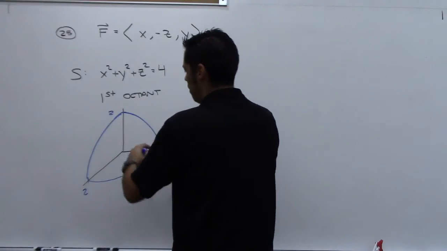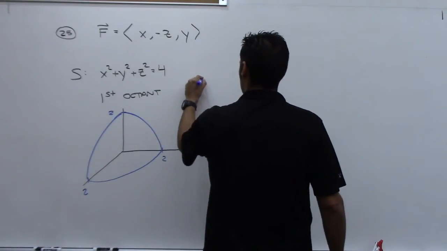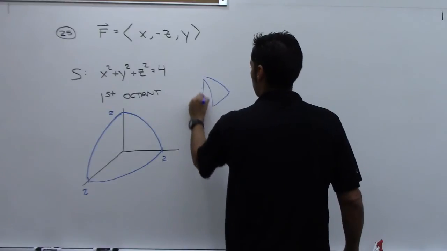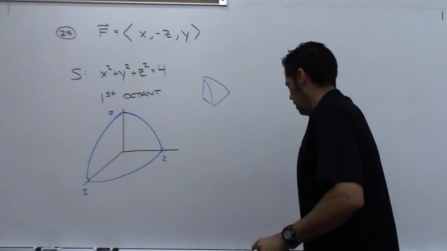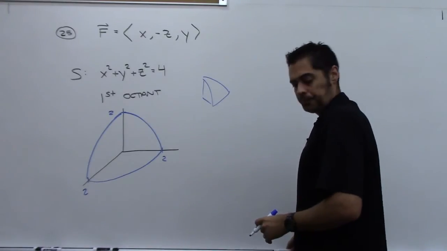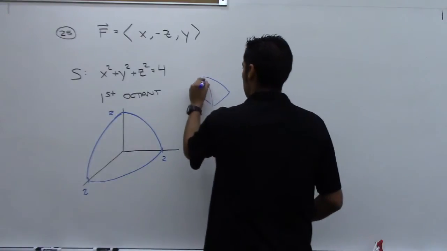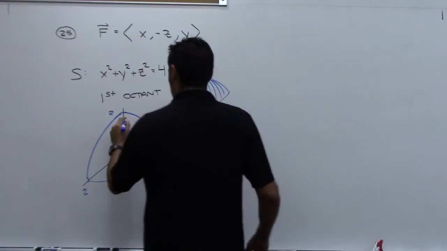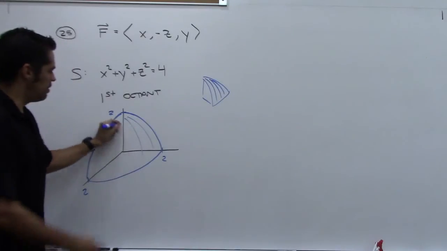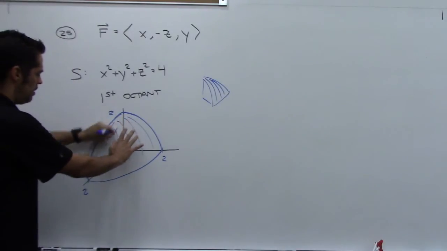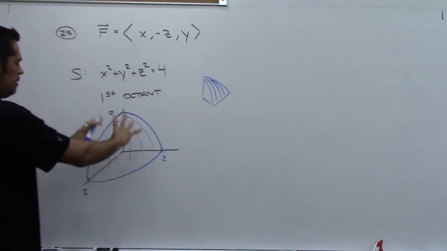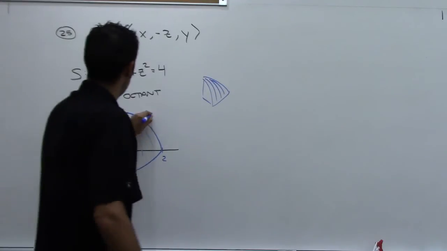And so we have this part of the sphere. Right, so we've cut out part of the sphere like that, kind of. So it's only the part in the first octant. And we're actually looking at this surface. So it's this curved surface on the outside here towards us. Okay, and that's our S.